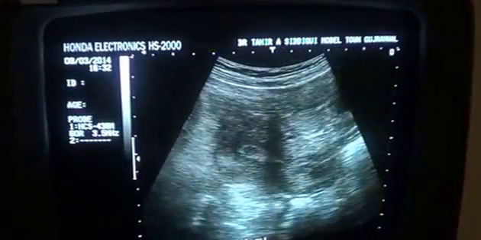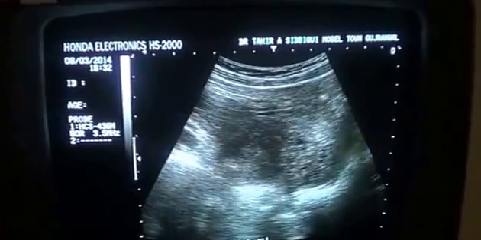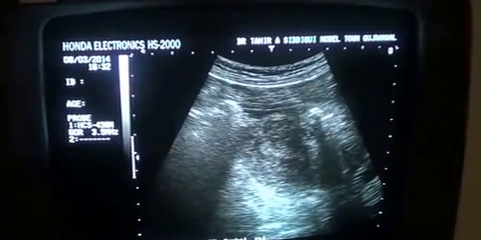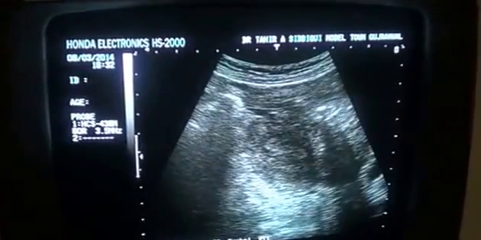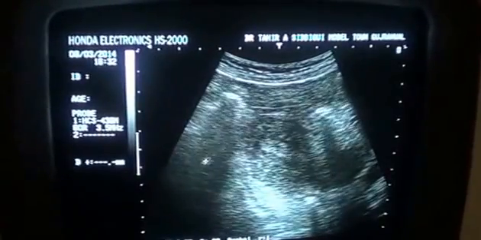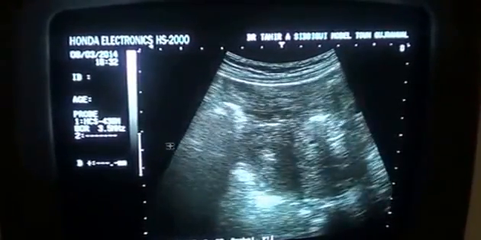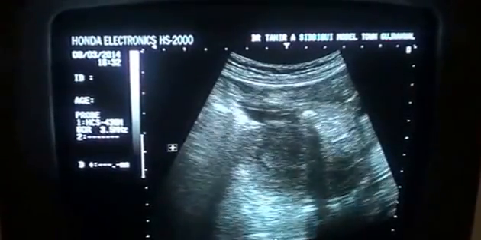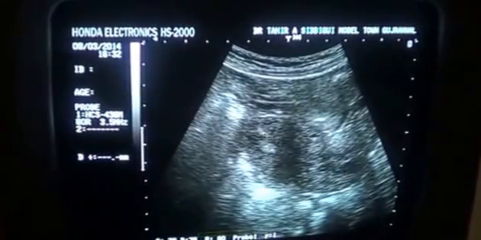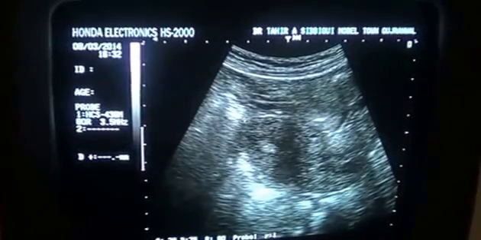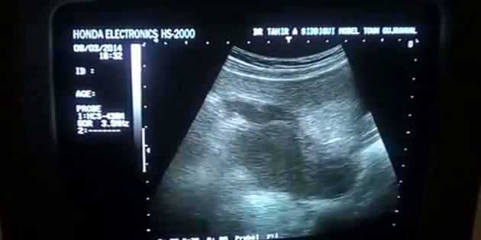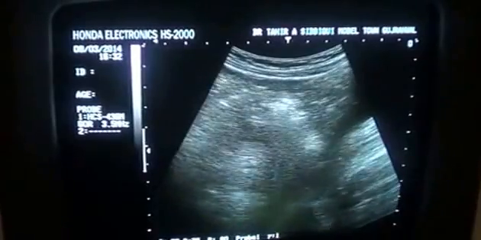You still see the wall of the fundus not that clear, or its margins are not that clear. That is because of the bowel segments; this is the bowel, this is the dirty shadow of the bowel, and it is creating a nuisance at this region. So my impression is that this is a subserosal fundal region fibroid of the uterus being stretched by the pressure of the bowels in between.